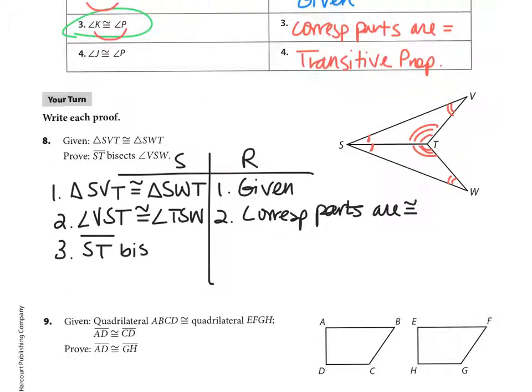I know then that ST must bisect angle VSW, and the reason there is just the definition of something being bisected: the two parts are congruent to one another. All right, so any proofs that we do tomorrow are going to be very short and simple, just like that. So make sure you have both of those proofs and the notes from the first slide in your notes, and we'll be ready for tomorrow.